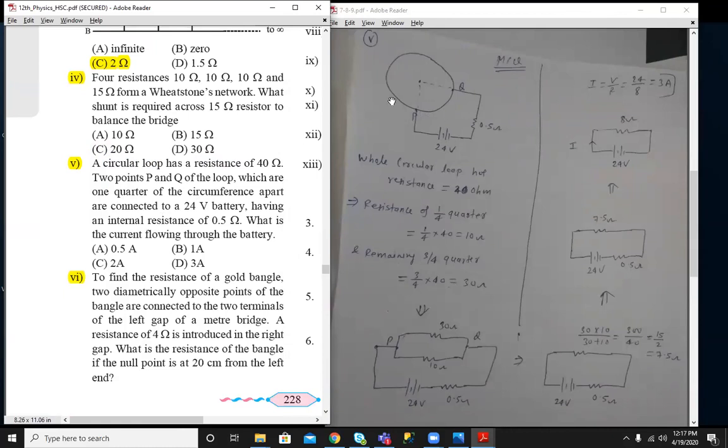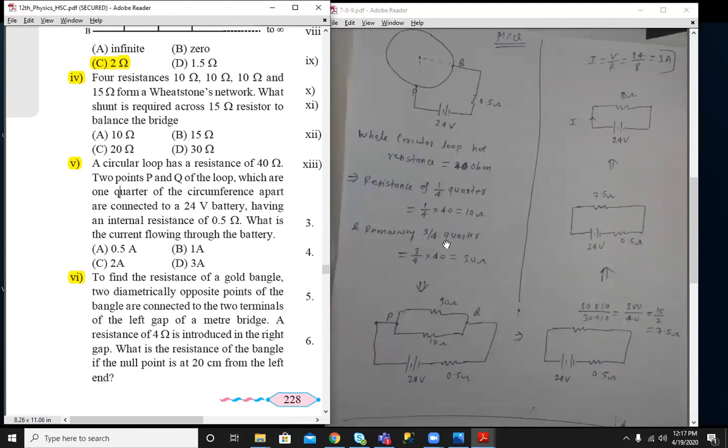The overall resistance of the circular loop is 40 ohm, so the resistance of 1/4 will be 10 ohm, right? The remaining 3/4 will be 30 ohm.